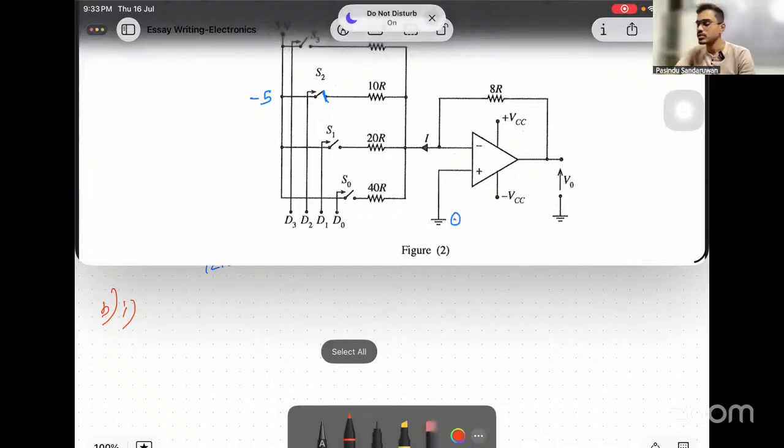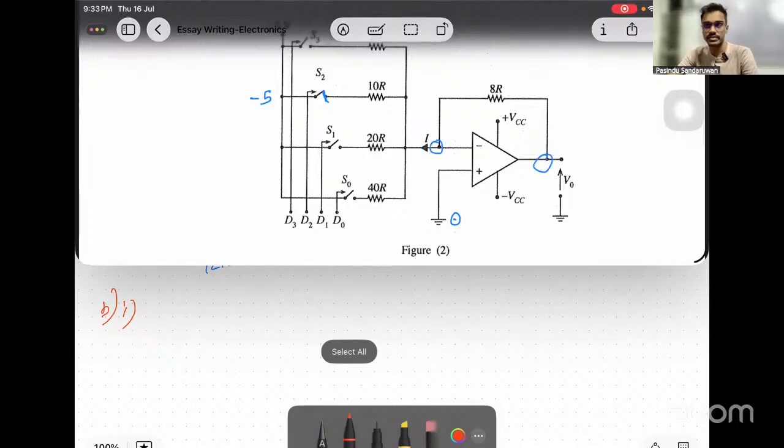So we know we have golden rules for op amps. One golden rule is there are no current inflows through the input terminals. And the second golden rule is if the op amp is feedback. What is feedback? Feedback means the output is connected back to one of the input terminals of an op amp.